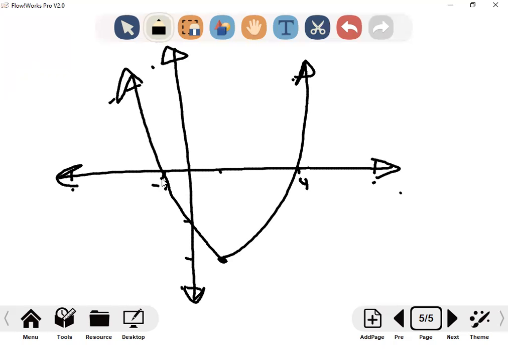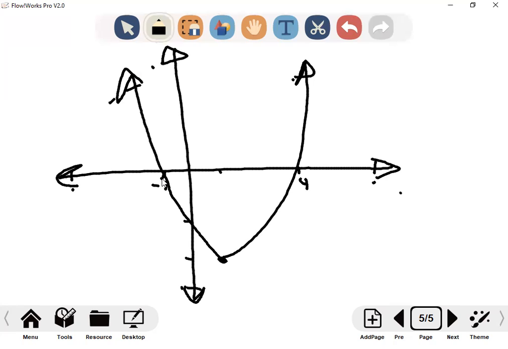Now let's go to the original inequality to see which part we want, positive or negative. Before we go, if we have more than 0, it means positive. Which part of x makes the function or the curve more than 0? But if we have less than 0, which part?